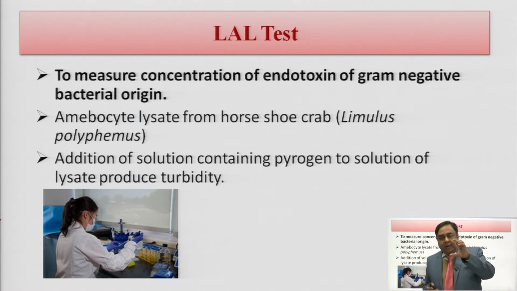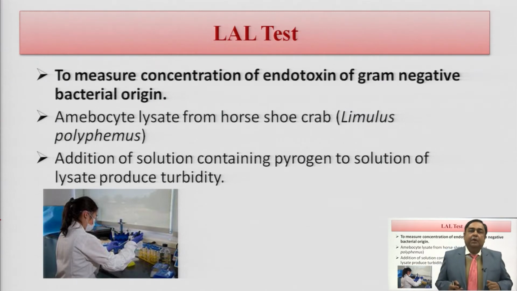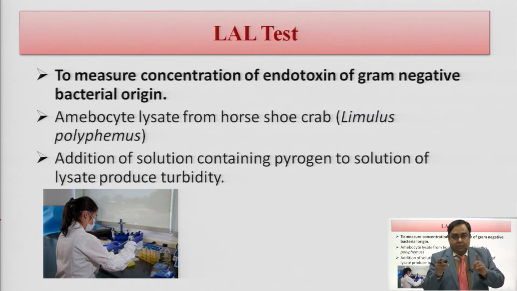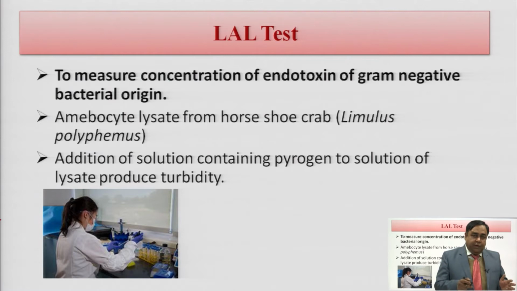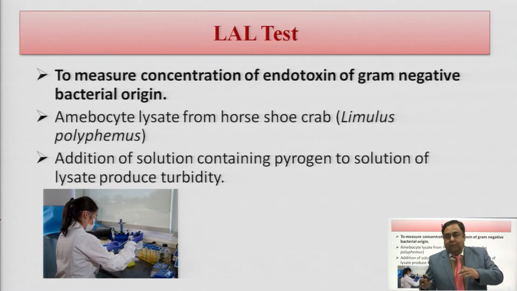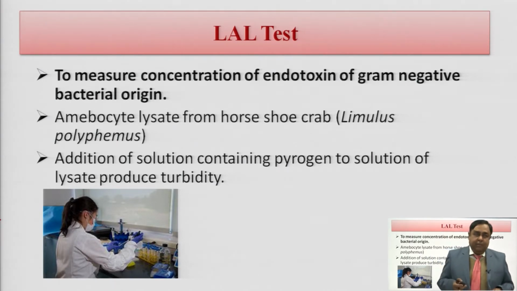The fundamental process is, whenever we put a preparation which we want to test for the presence or absence of pyrogen, if there is a presence of pyrogen in the preparation, immediately that will be converted into the sol to gel form. That is, by seeing the consistency after adding the test pharmaceutical preparation, we can conclude whether the pharmaceutical preparation contains pyrogens or not.